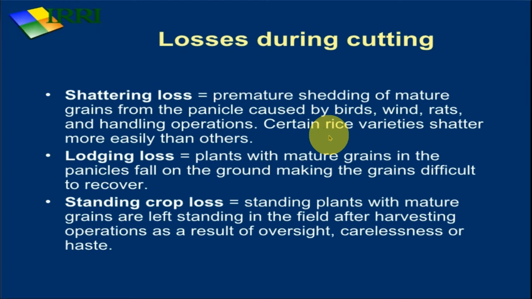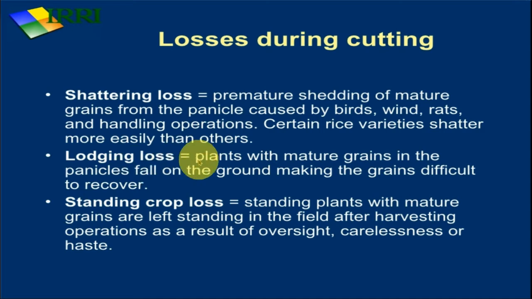This is caused by birds, wind, rats, and handling operations. Certain rice varieties shatter more easily than others, and that is why we have to harvest the crop at the right time, because after that the grains start to shatter out and we will gradually lose the whole crop.